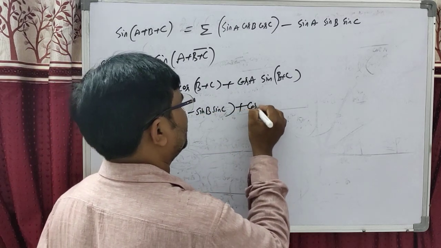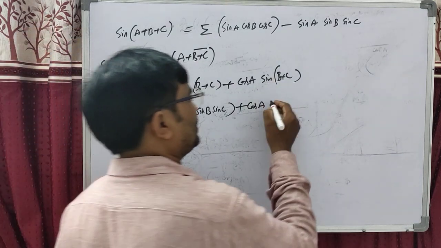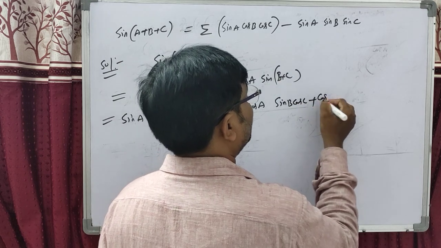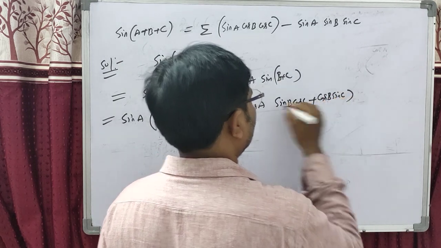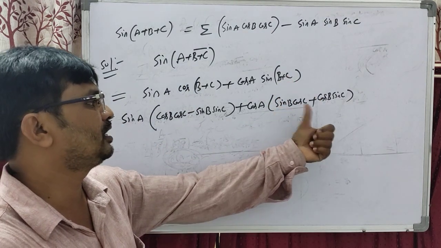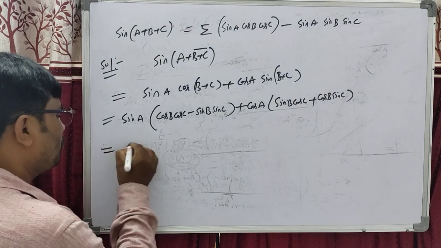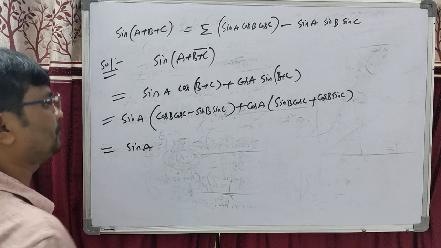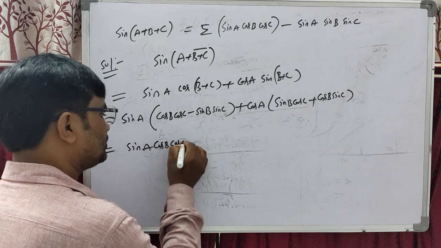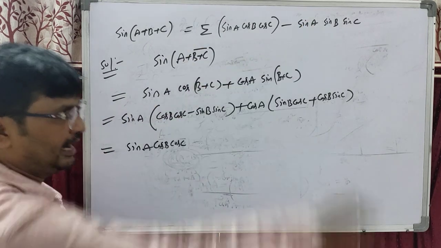Now, for the cos a term, the sine of b plus c is sin b cos c plus cos b sin c. My dear students, we can write it as first multiplication: sin a cos b cos c. So the sin a sin b sin c we can write at the ending.